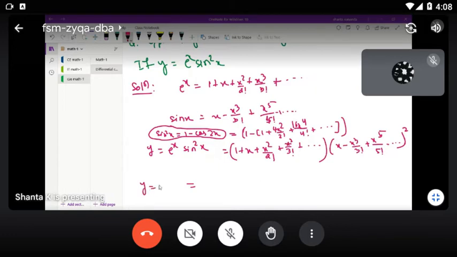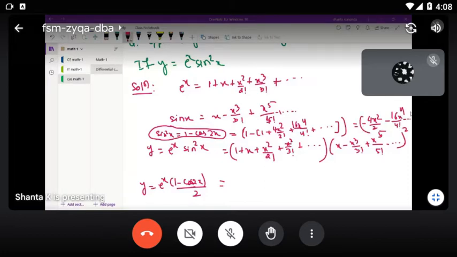And here y also I can write e power x into 1 minus cos 2x, whole upon 2. Okay. So here this 1 gets cancelled and all are with negative powers. So minus 4x square by 2 minus 16x power 4 by 4 factorial.